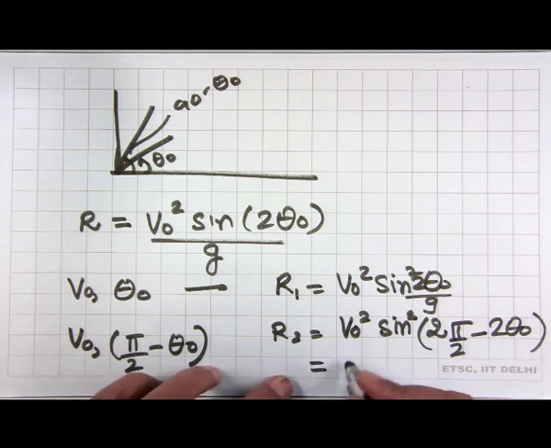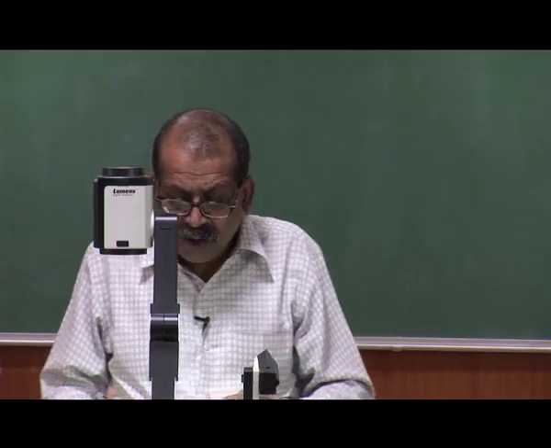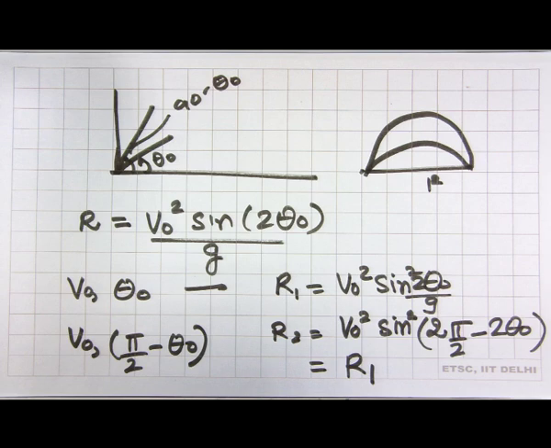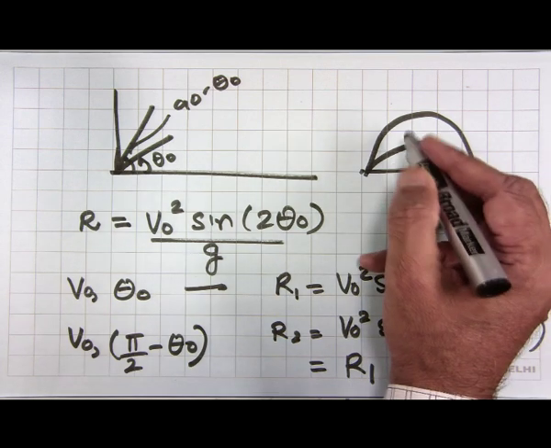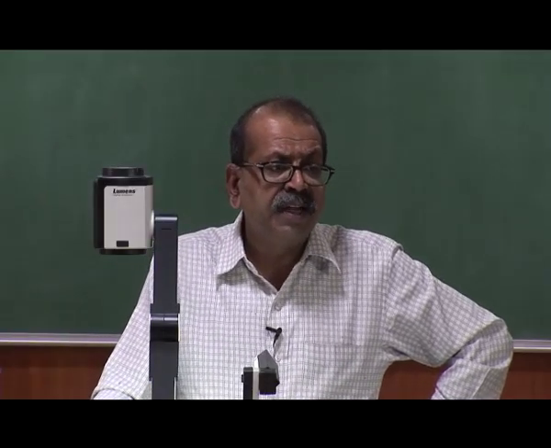So, this will be equal to r1, because sine of pi minus theta is equal to sine of theta. So, therefore, for a given initial velocity, the same range will be covered by two angles, and the sum of these two initial angles will be equal to 90 degrees.